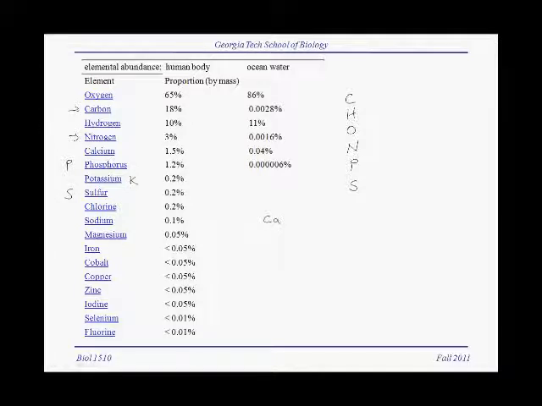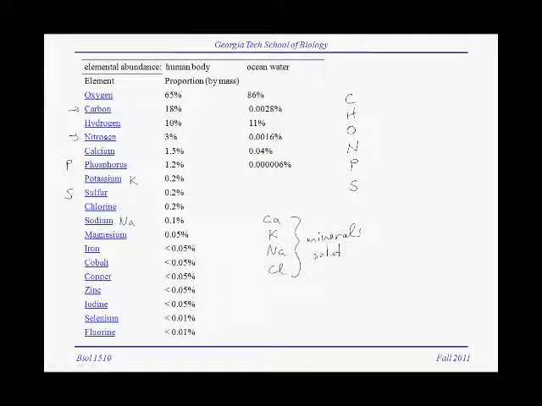So as I said, calcium is an element found in bone. In addition, we see other elements like potassium, sodium, and chlorine. And all of these are minerals found in our body that are usually in the form of solutes, except for calcium, which is in bone.